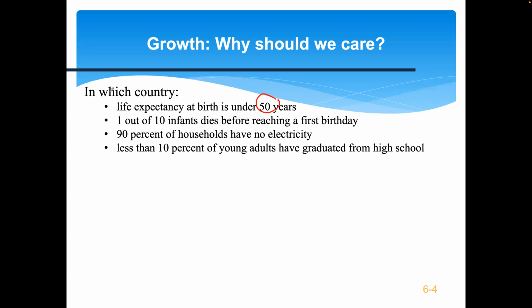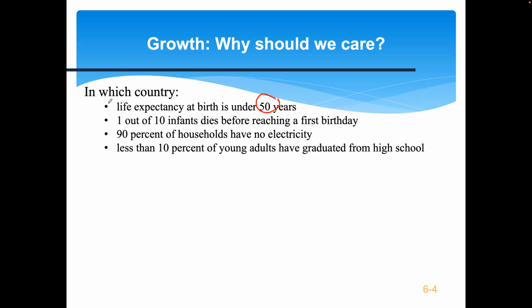The second fact, 1 out of 10 infants dies before reaching a first birthday. It's pretty high, 10%. 90% of households do not have access to electricity. And less than 1% of young adults have graduated from high school.